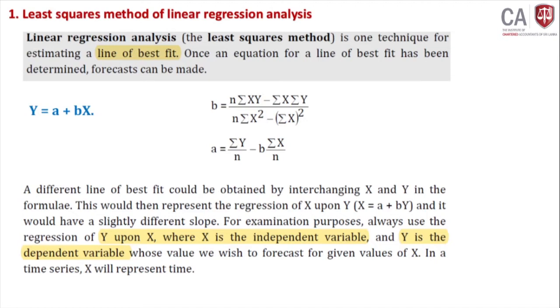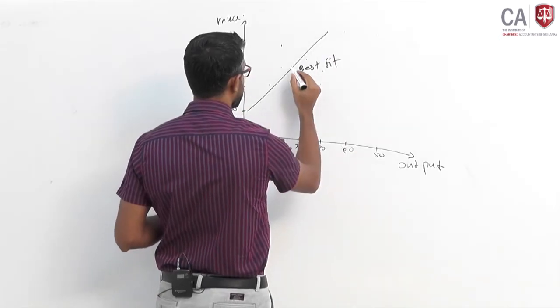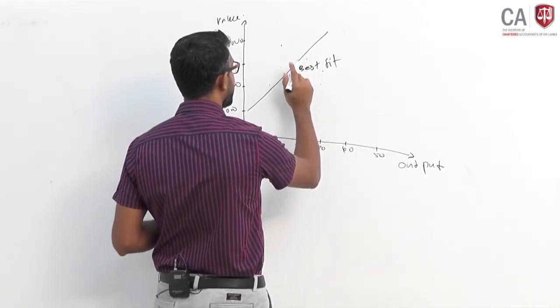If you read the definition or introduction of this least square method, linear regression analysis, the least square method is one technique for estimating a line of best fit. What is the line of best fit? Let us say this is a line. Here you will find the best fit.